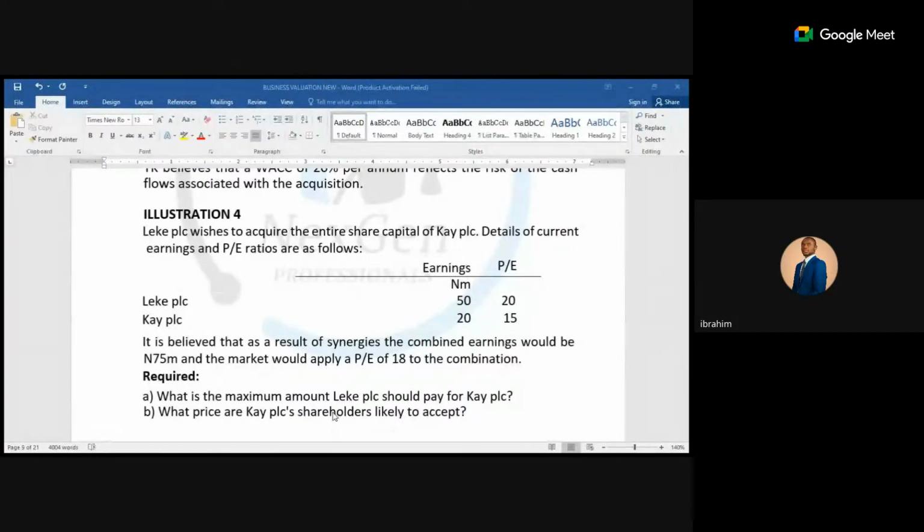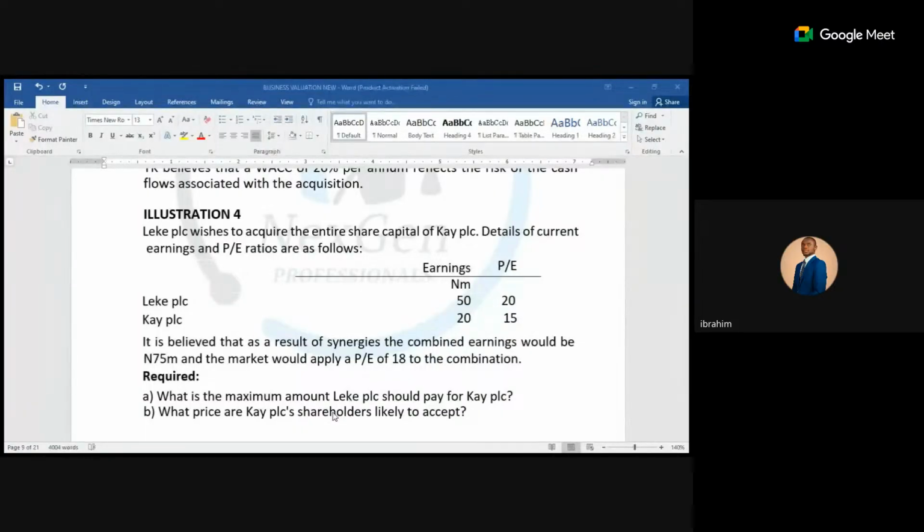With the intention that if I merge with Kudus, I will have what we call a revenue synergy. What is revenue synergy? When you combine Kudus and Abib, the companies together, there will be an increase in the revenue.